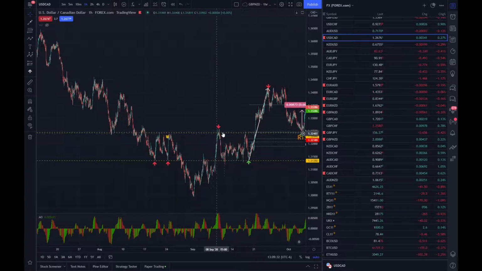I started with this level here and denoted the resistance points, but as I scroll back further, there was actually a small support here. Well, you know what happens next.